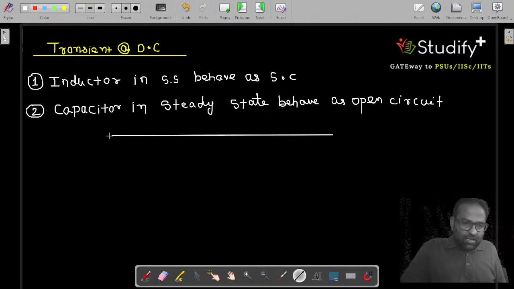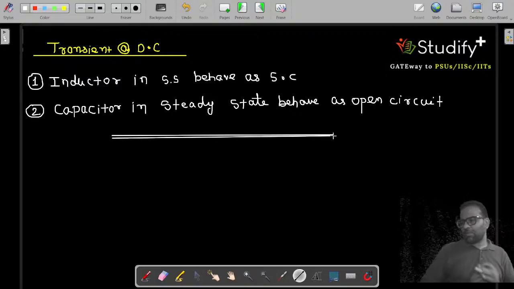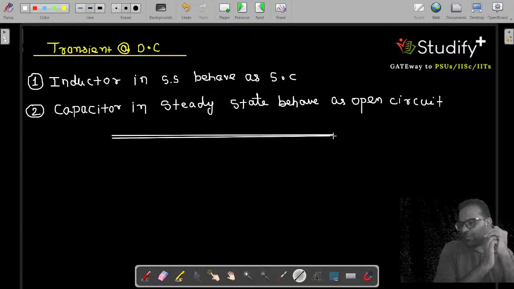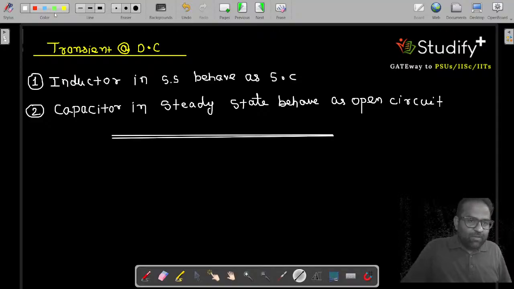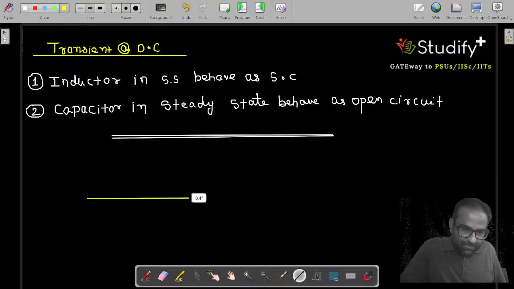Now let's see, there is a concept of switching in the transient. So we will talk about which kind of switching we are having in the transient analysis. Whenever we have a switch in our analysis, this switch represents something. Let's say this is one switch.